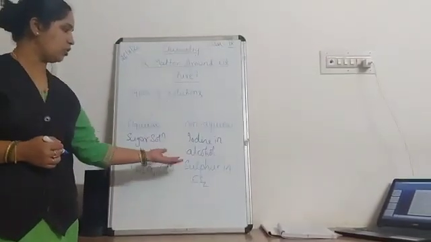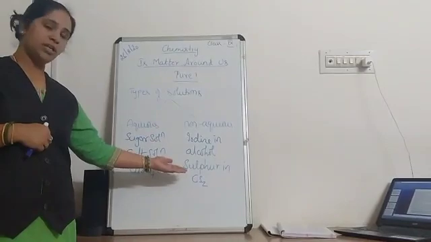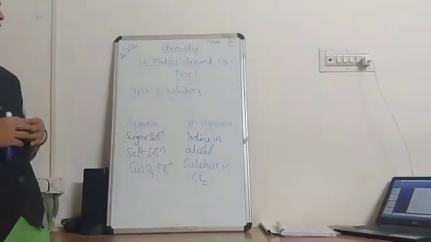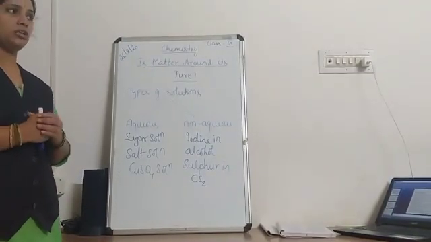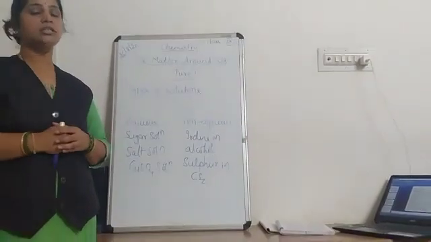In iodine in alcohol, alcohol is the solvent here, then sulfur in carbon disulfide, carbon disulfide will be the solvent here. So, based on whether the solvent is water or not, they are classified into two types, that is the aqueous solutions and the non-aqueous solutions.